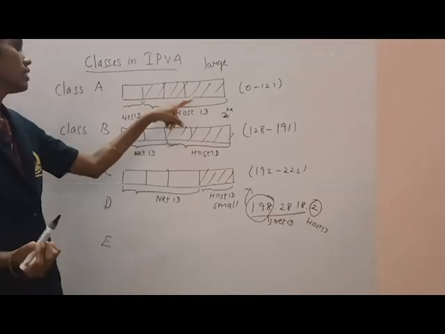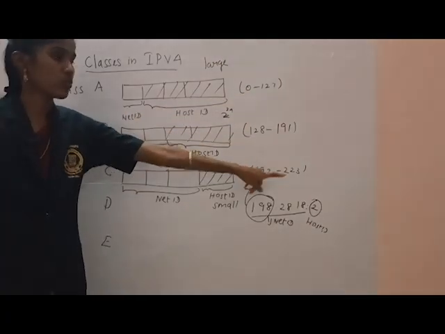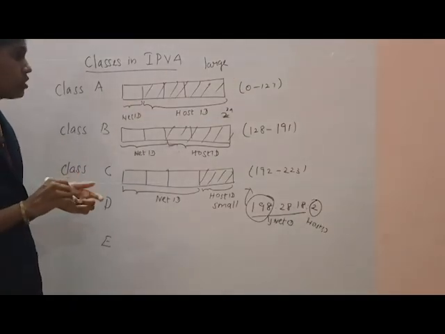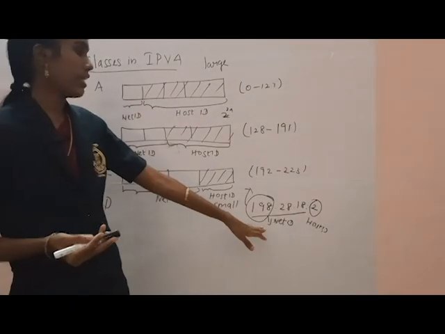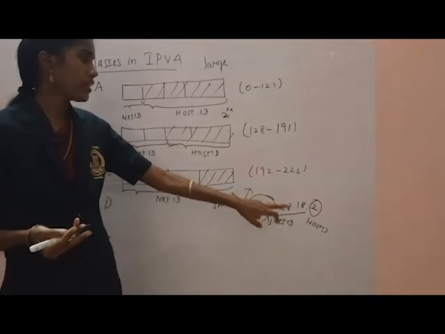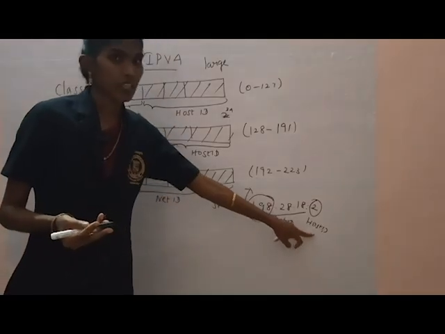And here it starts from 0 to 127, 128 to 191, 192 to 223. So these are the classes we have, and from this example IP address I can identify to which class it belongs, and from this I can identify that this is the net ID, this is the host ID.